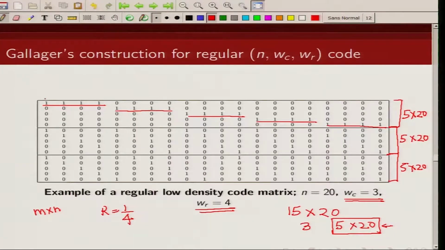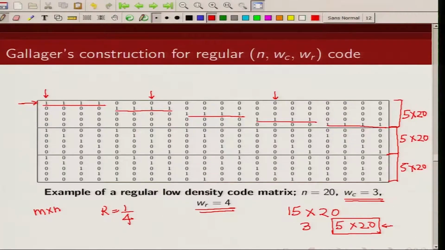Note that you can check any column of this sub matrix, and it has only one 1. And what is the row weight? Each row here has WR ones, which is 4.